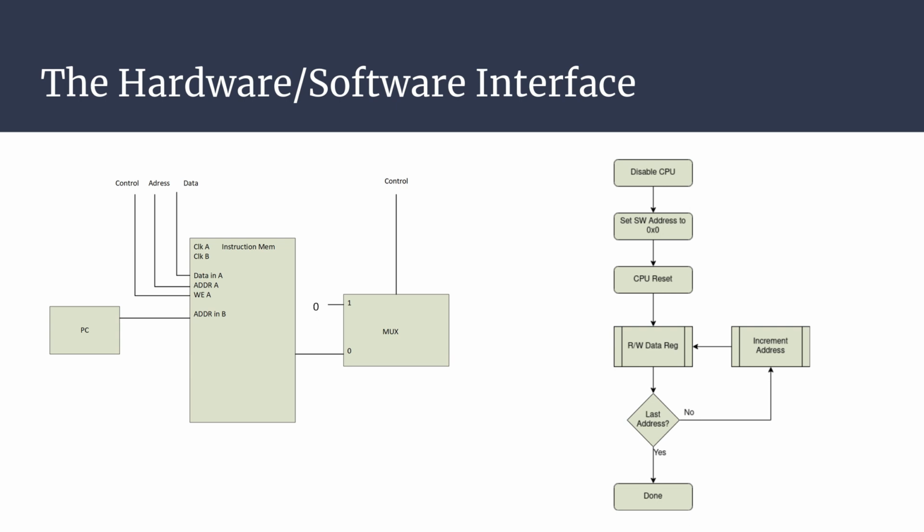Now, let's say we're doing a write to our instruction memory. Well, the first thing we do is disable our CPU and turn on the ability to write to our instruction memory using that write enable port we can see in the diagram. We then set our address to 0 and write data to the associated data register. Now that address is then incremented and the remainder of the program is written into the instruction memory.